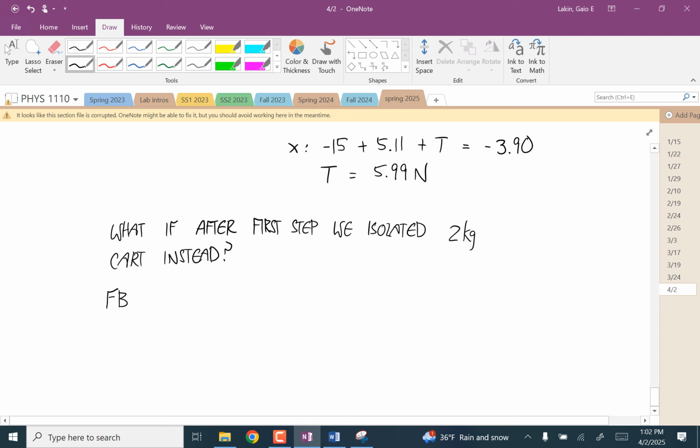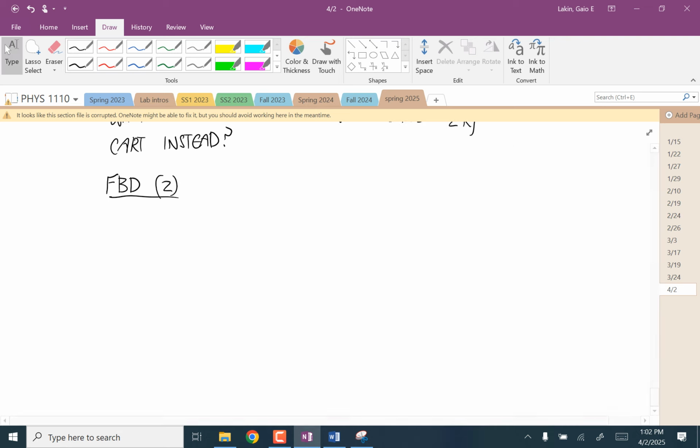So free body diagram of the 2. There's a weight force down of 19.62. There's a pushing force from the incline that I'll call N2.